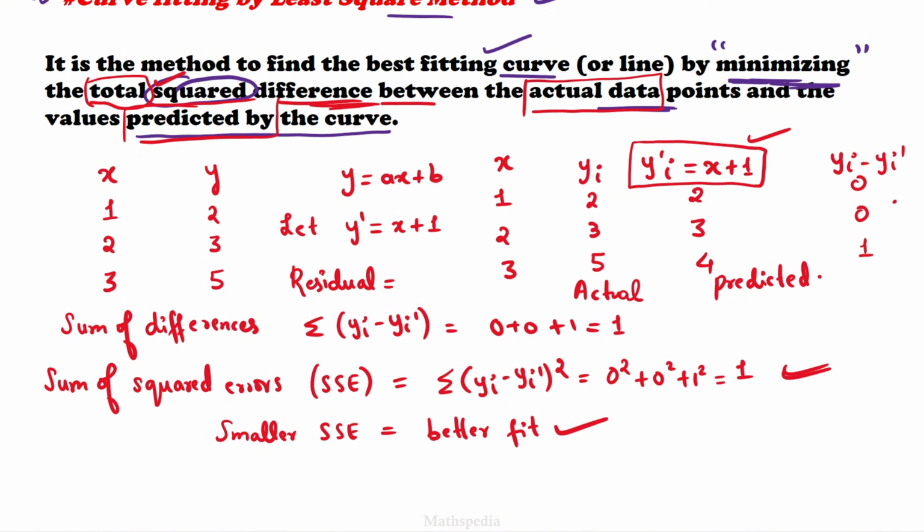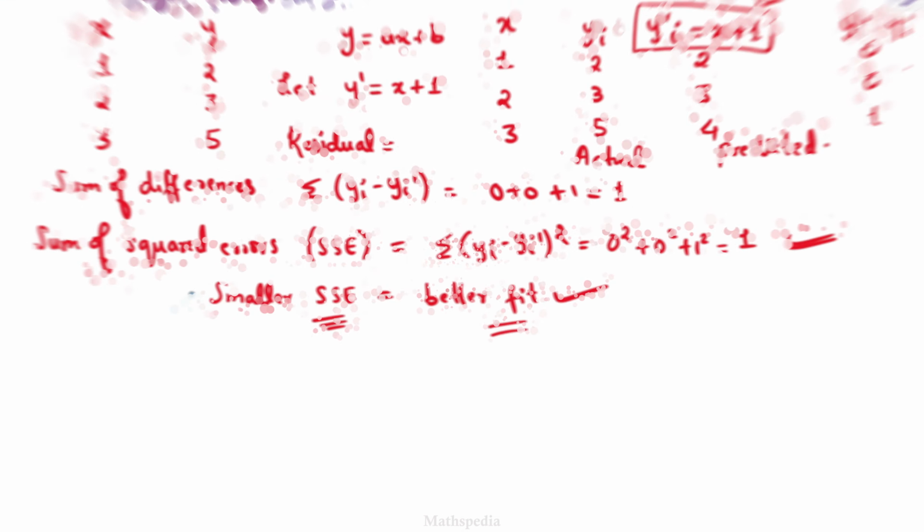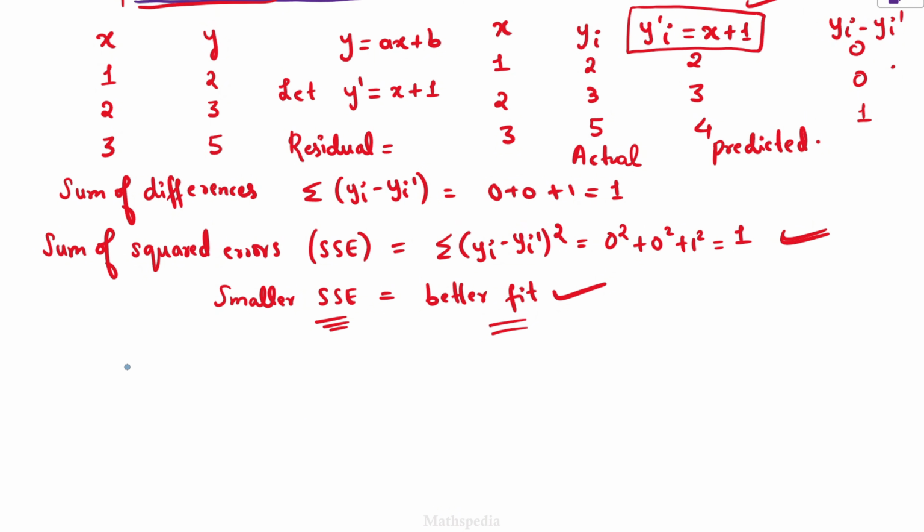The data points will be exactly on, or close to, this particular curve. We can say closeness is there. So the smaller the SSE, the better the fit of the curve will be, right? We are going to take one more example to make you understand what else is there. Now what happens if I change the line?